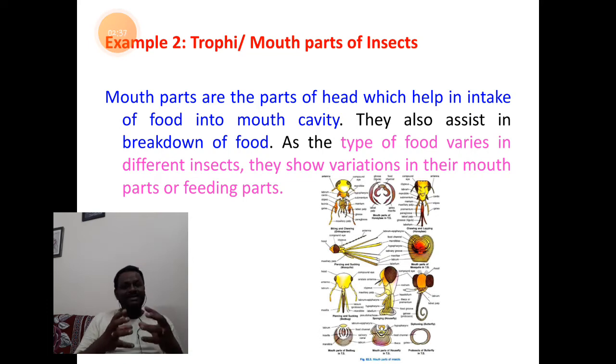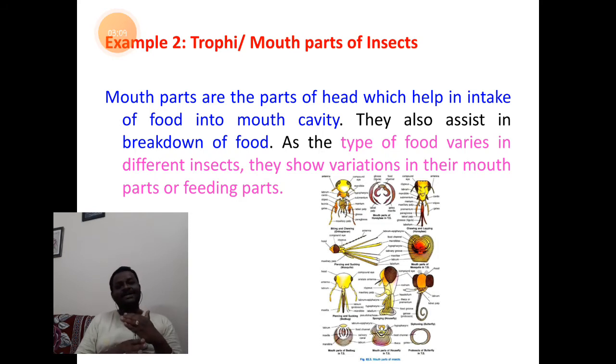In case of insects, the mouth parts are involved in the intake of food to reach the mouth, and they also assist in the breakdown of the food. So the structural organization of these mouth parts remains common for almost all the insects, but they differ with their function.